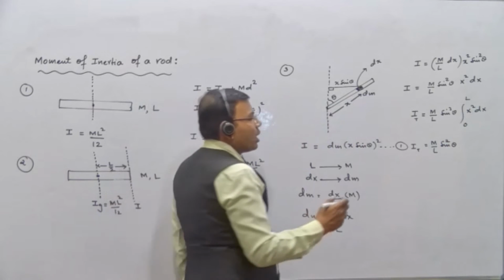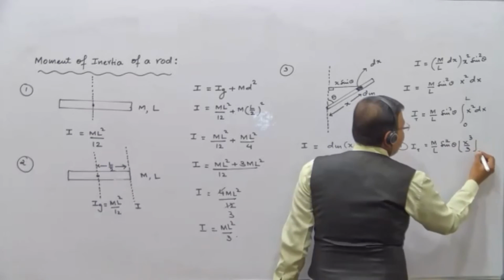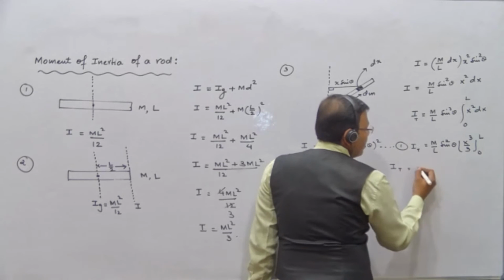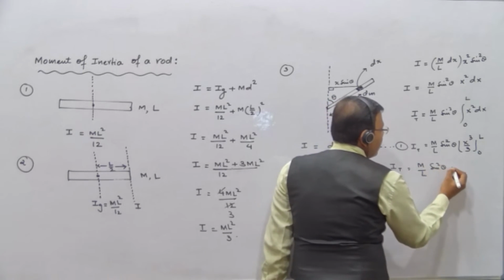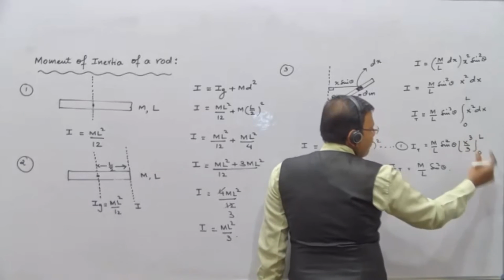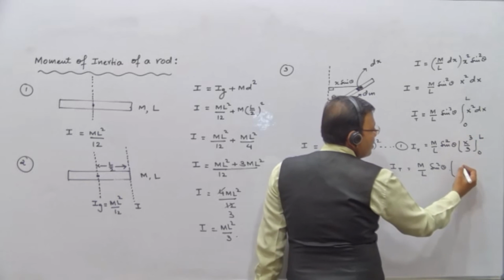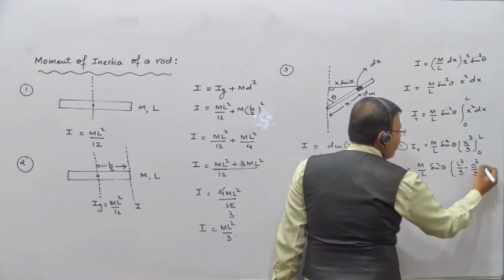So this is x cube by 3 from 0 to L. Now the total is equal to M by L sin square theta into, now students pay attention, upper limit minus lower limit. With the upper limit here, L cube by 3 minus 0 cube by 3.